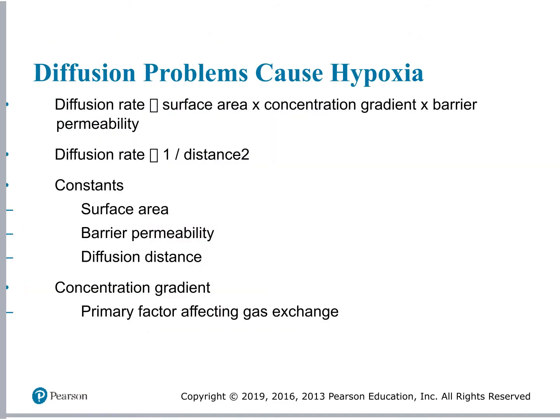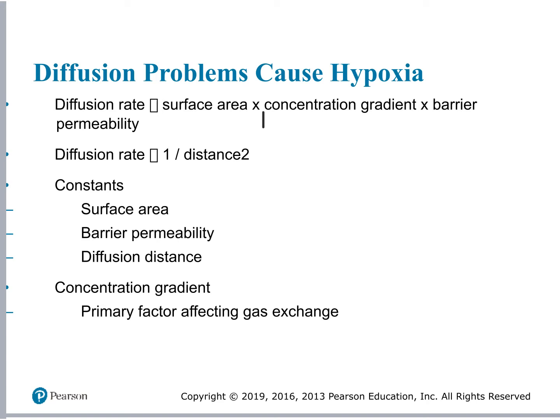This slide reminds us that diffusion rate is proportional to the surface area times the concentration gradient times the barrier permeability. We looked at this when we looked at transport mechanisms across the membrane way back in chapter 5. And this is how it works. Anything that increases the surface area of the barrier will increase the diffusion rate.